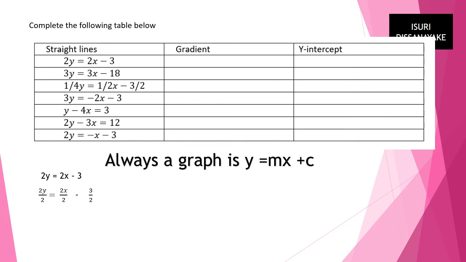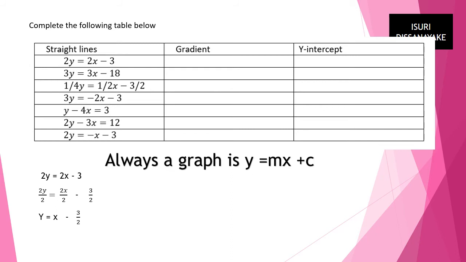You're going to divide every term by 2. So you cancel off 2 and 2, and then again you can cancel off the 2 with 2 in minus 3 over 2. So your answer is y equals x minus 3 over 2 when you simplify this.